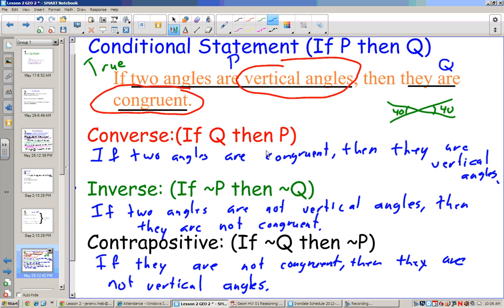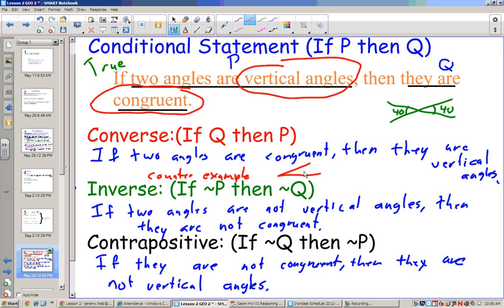So if I just have two angles that are congruent, do they have to be vertical angles? Hopefully you're saying no. So if I want to make a counterexample, all I need is one example that makes this not true.